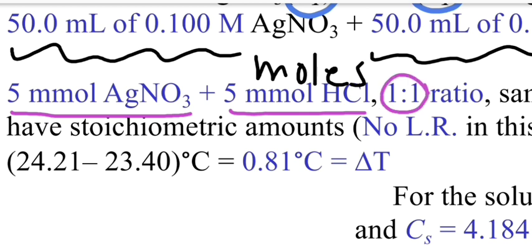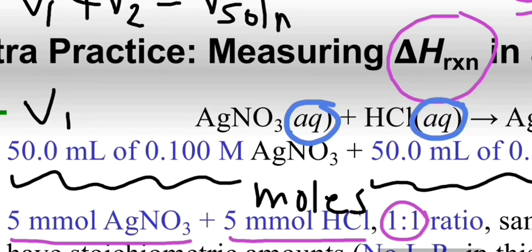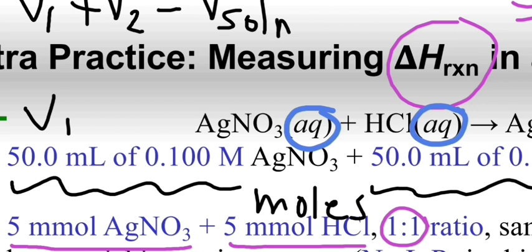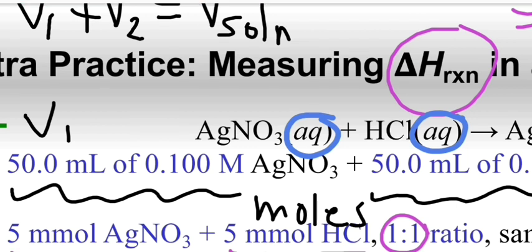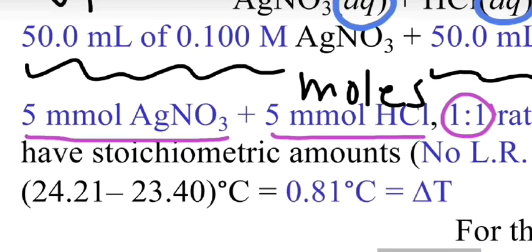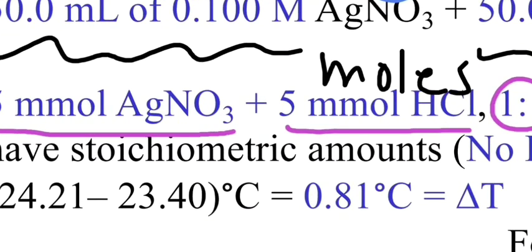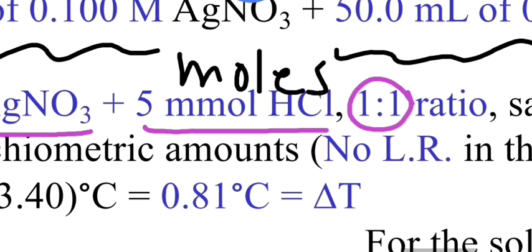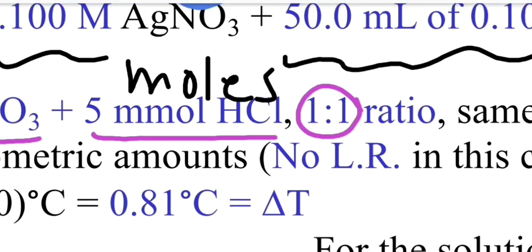We notice that this is a 1-to-1 ratio, and if we look again at the stoichiometry of the reaction, it is also 1-to-1. It's 1 mole to 1 mole. So we have exactly the amounts of both of the components that we need. So this is a stoichiometric reaction, so no, there is no limiting reactant in this case.